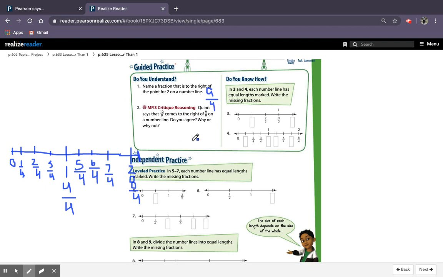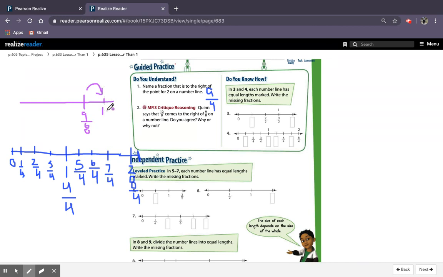So for number 2, it says Quinn says that 10/8 comes to the right of 9/8 on a number line. Do you agree? Why or why not? So based off what I showed you here, if on the number line this is 9/8, they're saying what would go to the right of this?